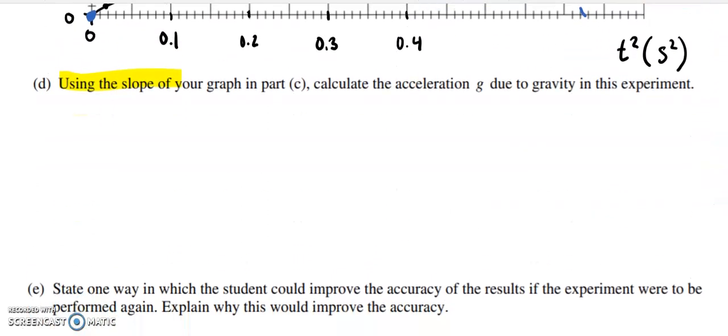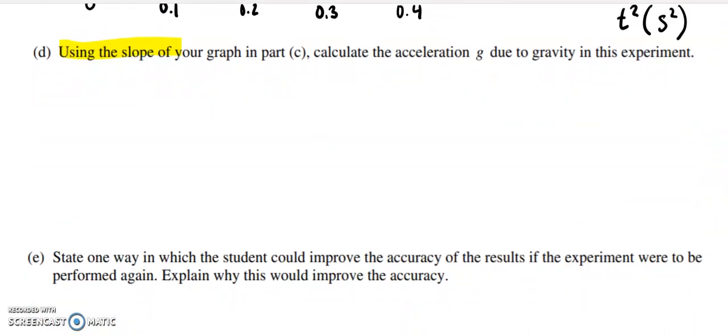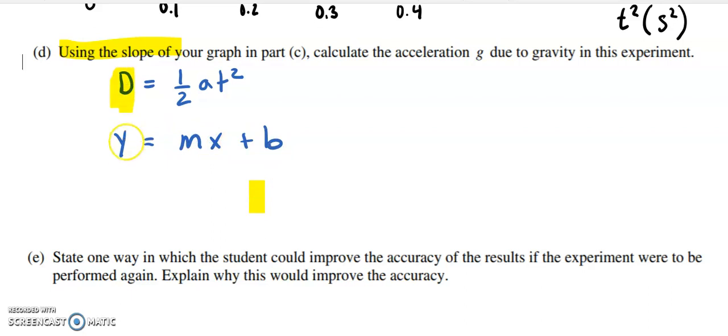So again, the goal of this is to calculate the acceleration due to gravity in this experiment. So again, our original equation was d equals 1/2 a t squared. And again, our linear form of equations is y equals mx plus b. So again, we know d is like y, x is like t squared. So the slope m is like 1/2 a.